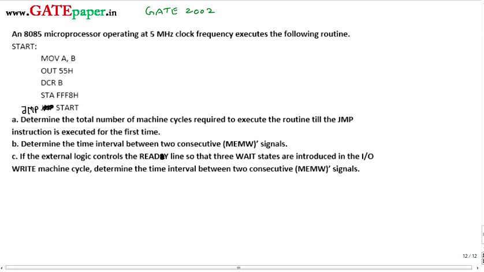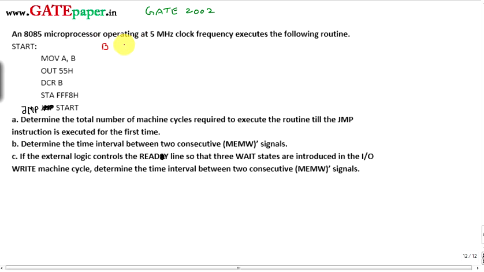Before calculating, first I will write for each instruction how many bytes the instruction takes, how many machine cycles it takes, what the T states are, and also the type of machine cycles. From that we can easily calculate these 3 things. So look at this. First I am going to write how many bytes the instruction is.